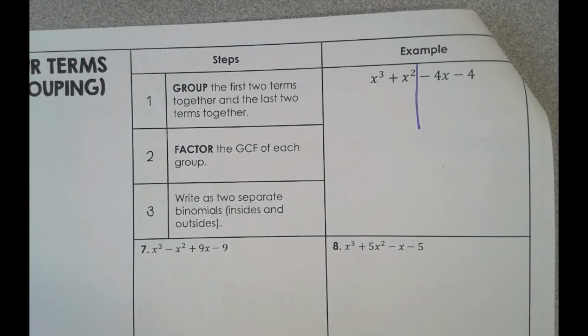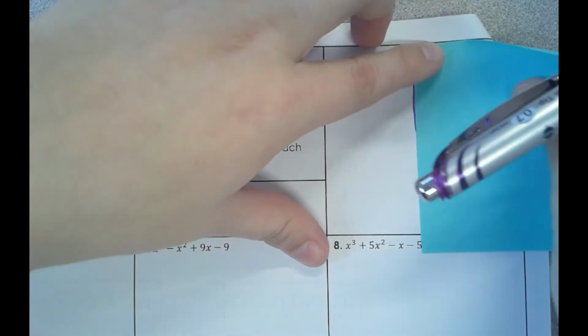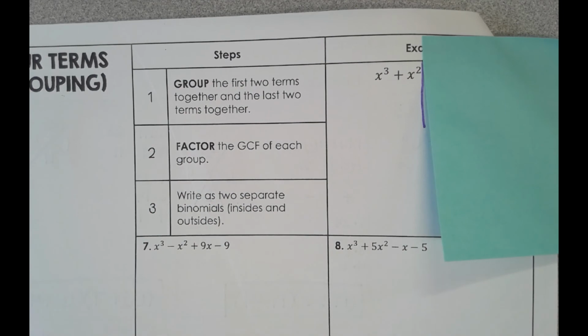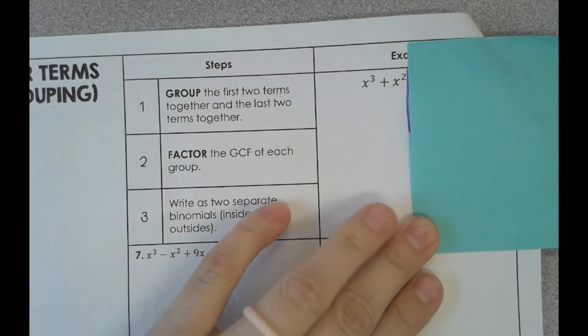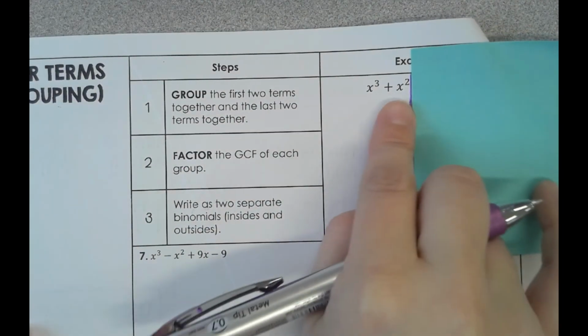So let's just ignore this left side. Looking at x cubed and x squared, there's no numbers in front of them that I can divide by, but they both have some x's in common. And I can take out 2 of the x's.